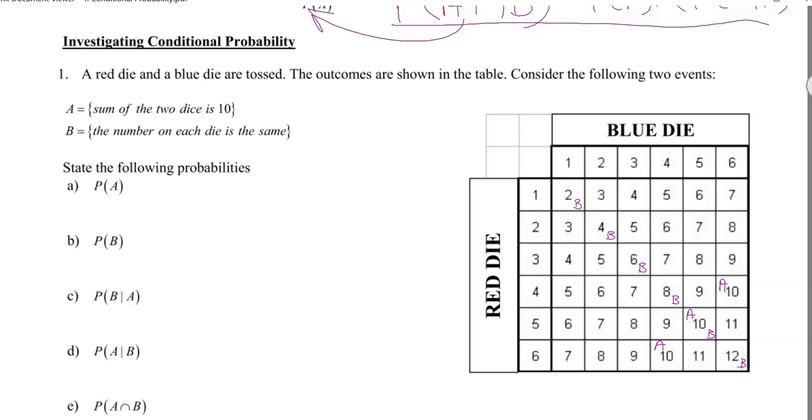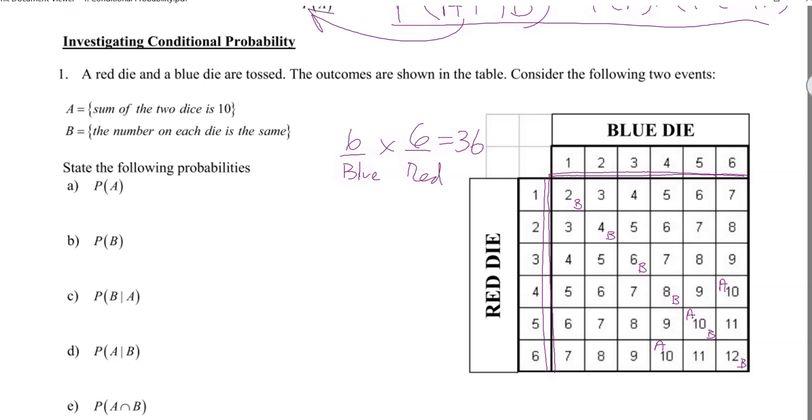So state the following probabilities. Now with dice, we know there are 6 outcomes for the blue. You just take the fundamental counting principle, right? You've got the blue die and the red die. There are 6 outcomes for blue, 6 for red. There are 36 total outcomes.